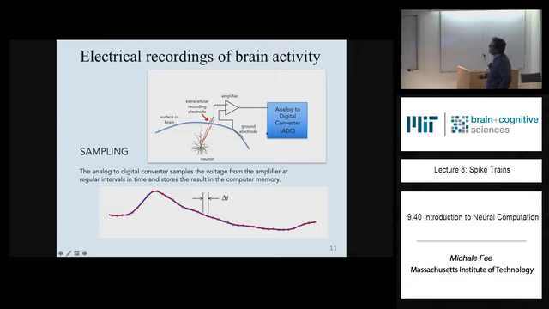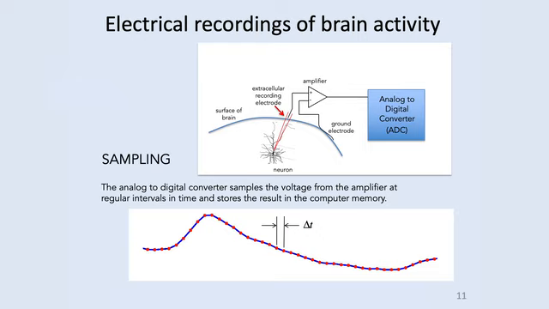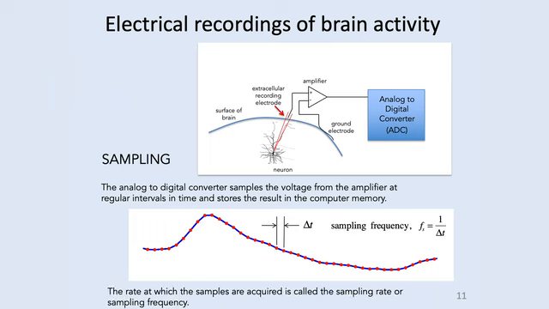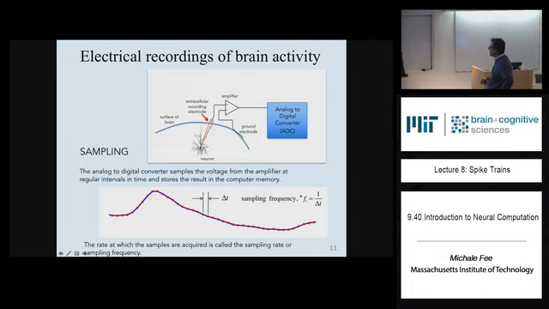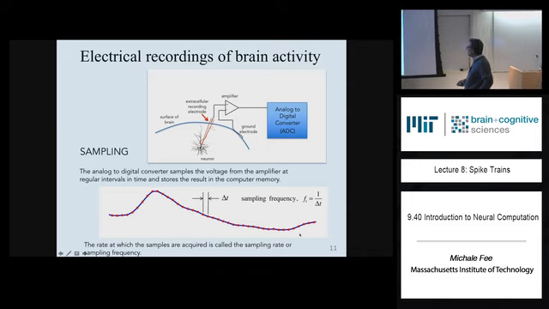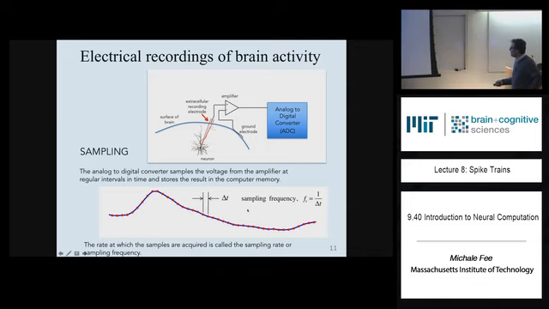So in analog to digital converters, the voltage is sampled at regular intervals, delta t, corresponding to some sampling rate, which is a frequency or a rate that's given by 1 over delta t. Okay, so the rate at which the samples are acquired is referred to as the sampling rate or sampling frequency.